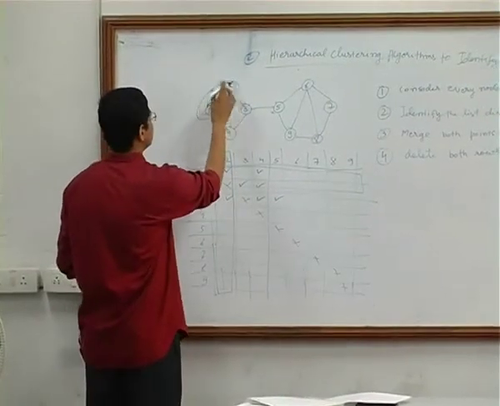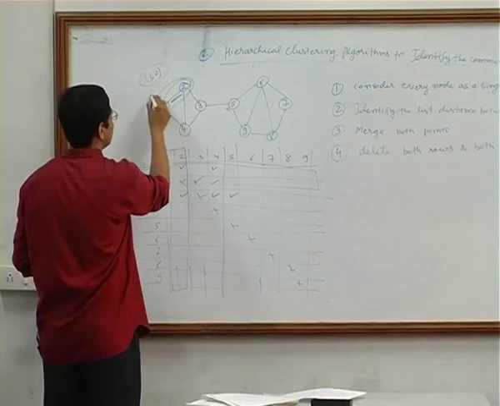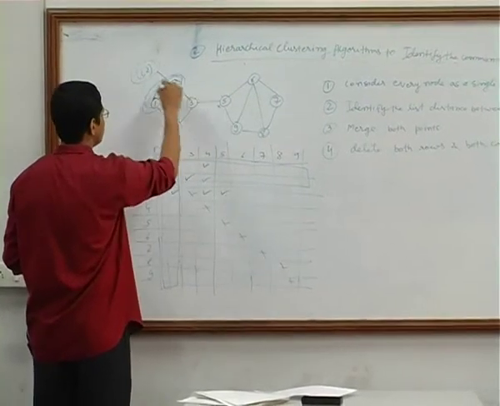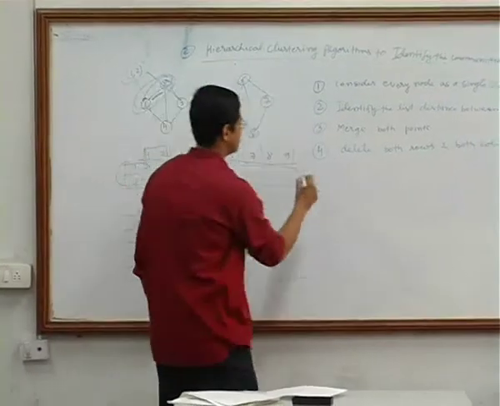Suppose here we merged 1 and 2, so recalculate the distance from 1 to 3, 4 and like this.